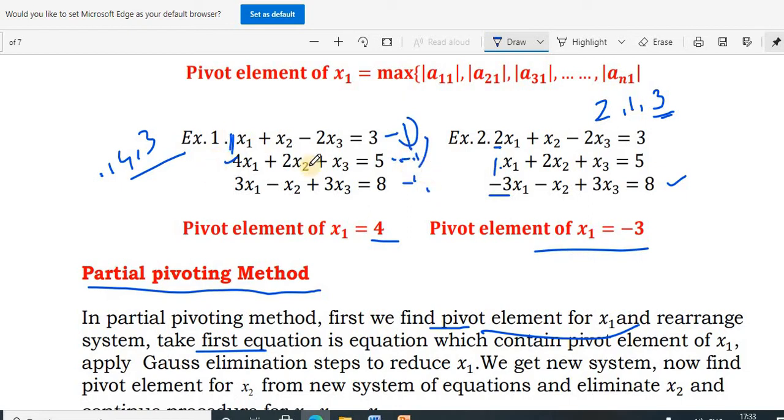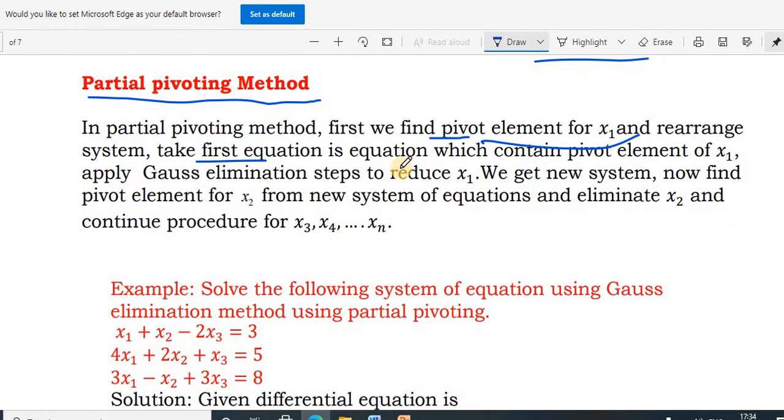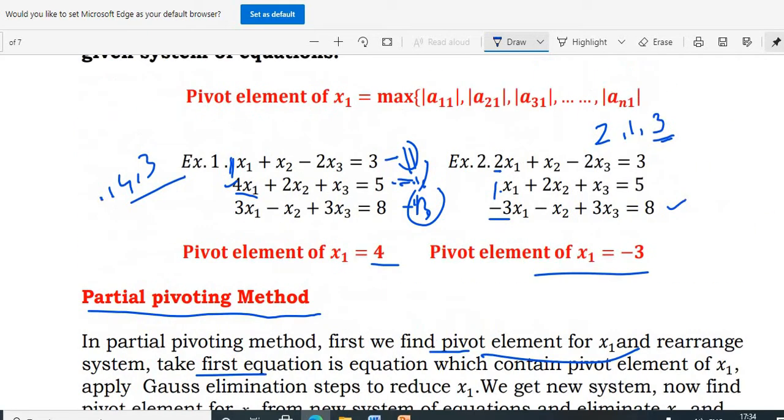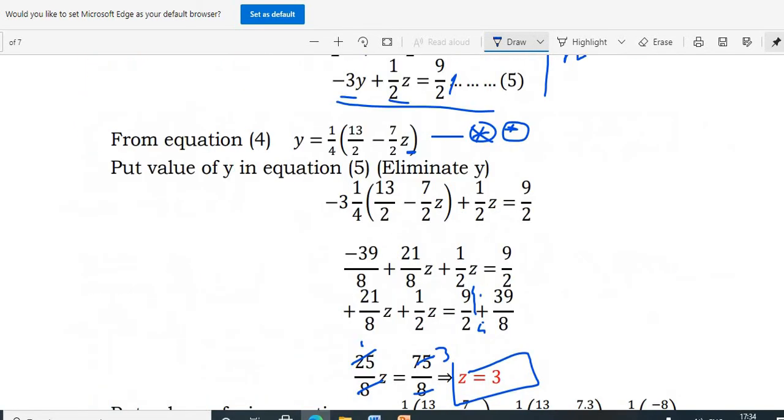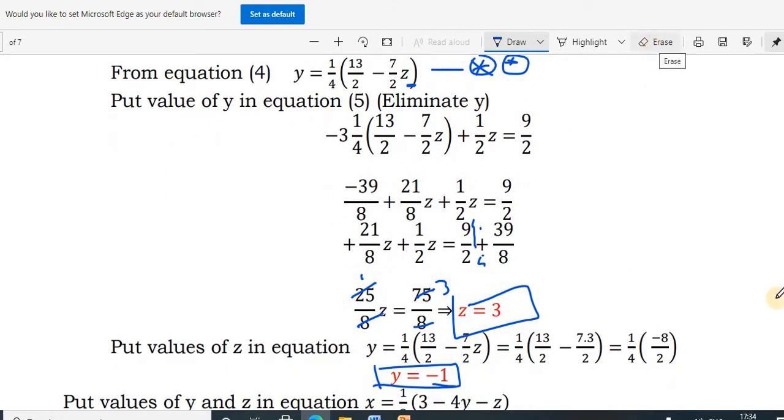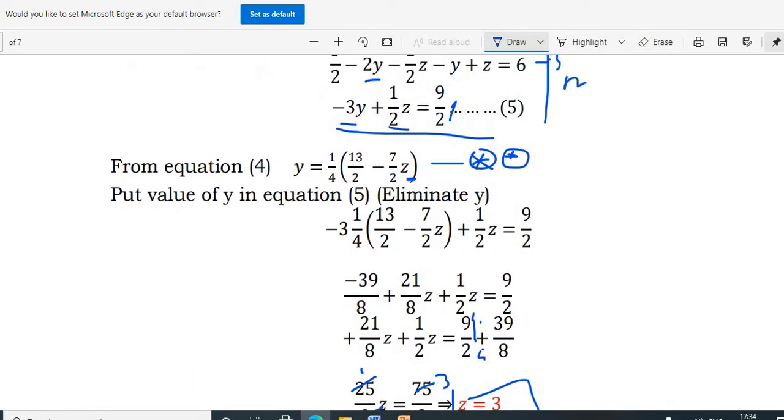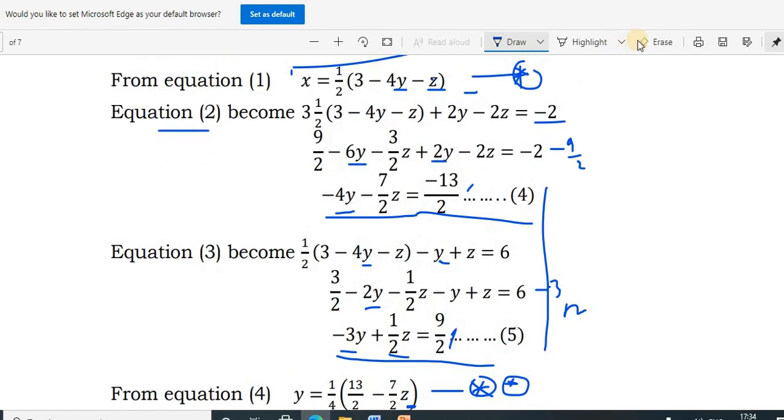But in partial pivoting, we select this as my equation 1 to eliminate x1, this as my remaining second equation, and this as my third equation. And now again we reduce as before to a new system of equations, and to find x2 again we use the new system of equations, like here where I have equations 4 and 5. So what are equation 4 and equation 5?